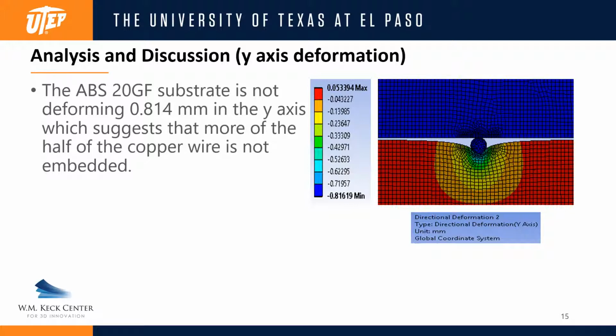Visually, what we can see is less than that, and this is due to the material properties of the actual ABS 20% glass filled. So I'm assuming that we will need a higher temperature on the copper wire, or maybe more force applied on the wire.